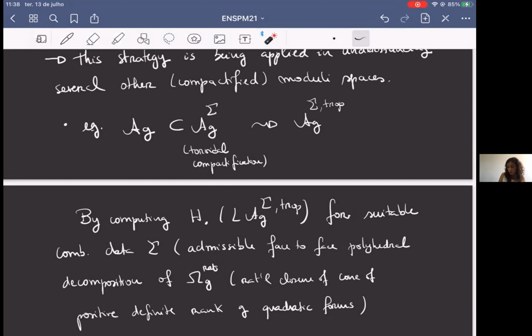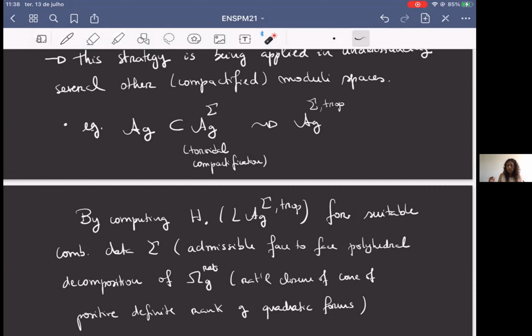And then you can construct, again, a tropical modular interpretation for moduli spaces of abelian varieties, which would be just a real torus of dimension G. And this decomposition would give you the decomposition of your real torus in a polyhedral way, which is what you can imagine to be something with a tropical flavor.